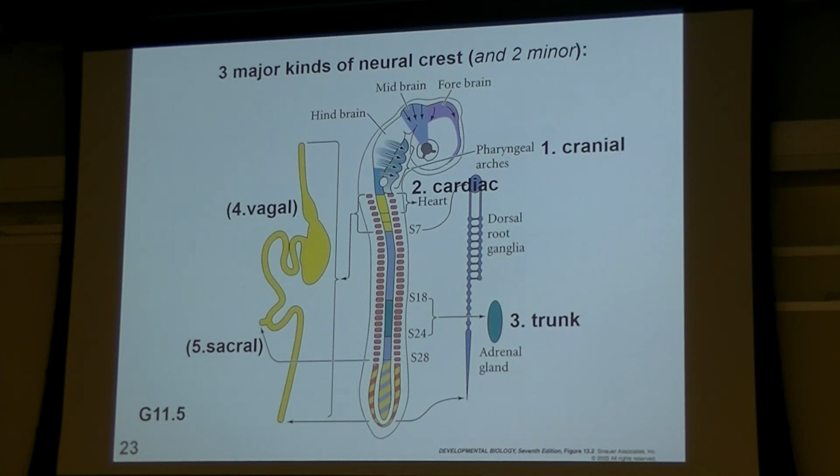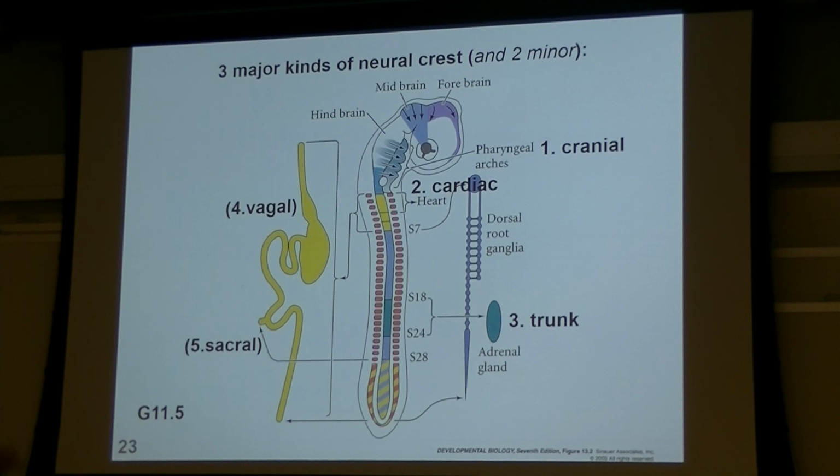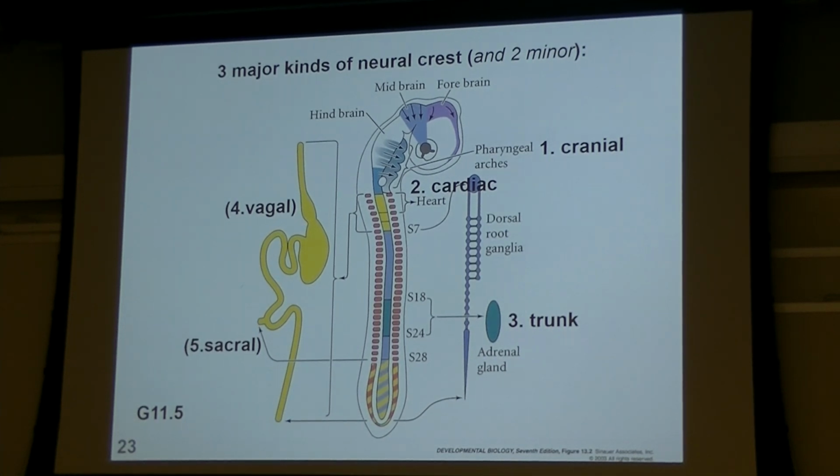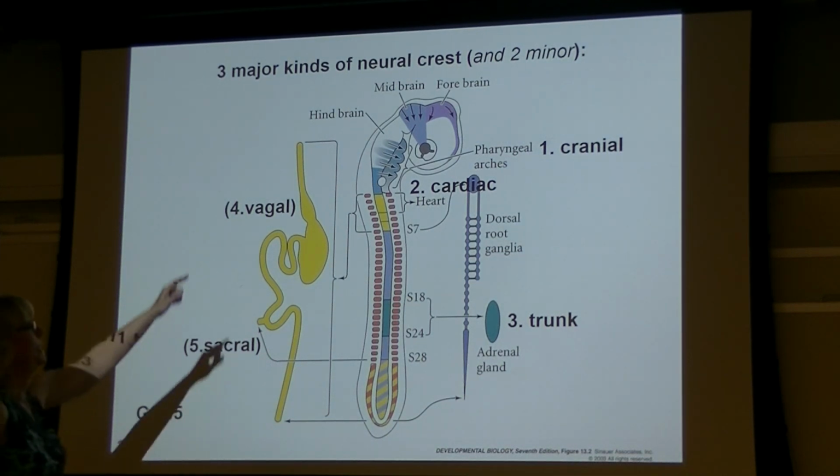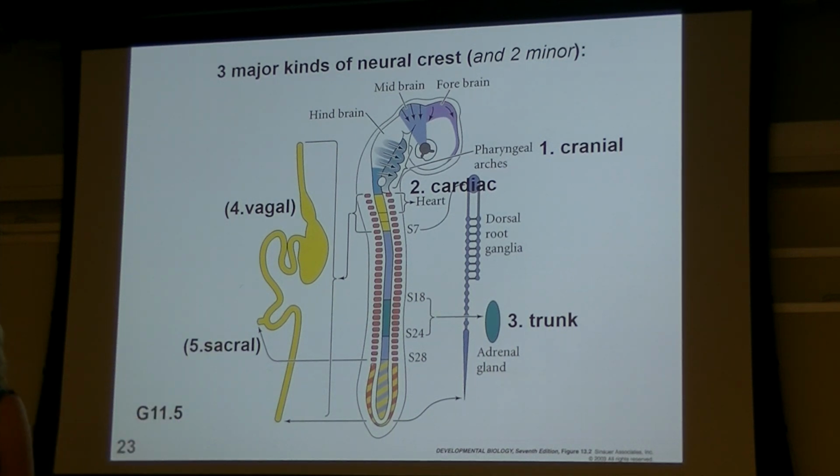Okay, next thing to consider is cranial neural crest. So up in the cranial region of the embryo at this time, we have some of these developing vesicles. We have forebrain, midbrain, and hindbrain, and then the 5 vesicles, whose names you all learned. And then here in the hindbrain, we have the rhombomeres. That was one of our test questions. What are the segments within the hindbrain called? Rhombomeres.